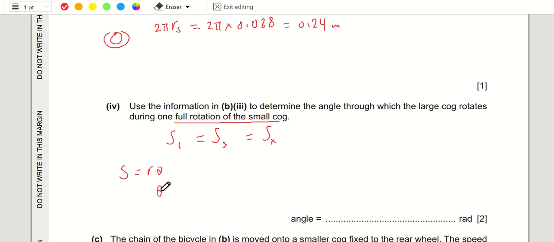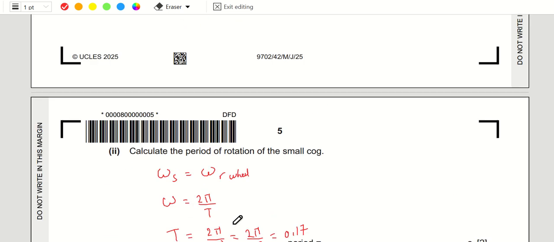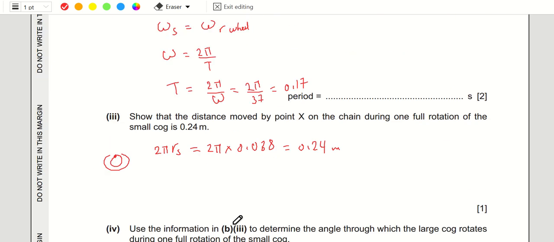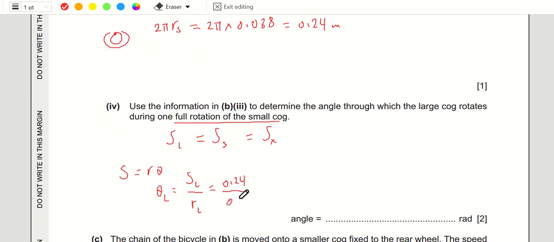So we can find theta, the angular displacement of the large cog, as S large over R large, which is the division of 0.24 divided by the radius of the large cog, which is 0.15. Okay, so the result would be 1.6 rad.